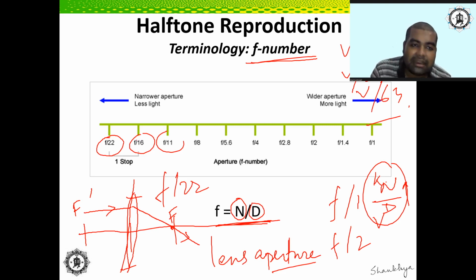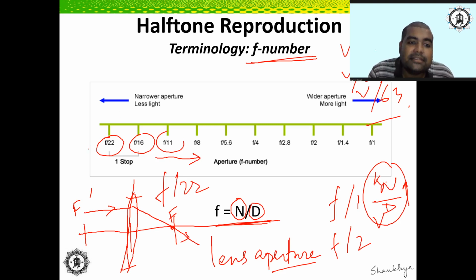That means when we progressively go on decreasing the F number, we are basically increasing the lens aperture. We are allowing a greater amount of light to enter into our optical system, right?